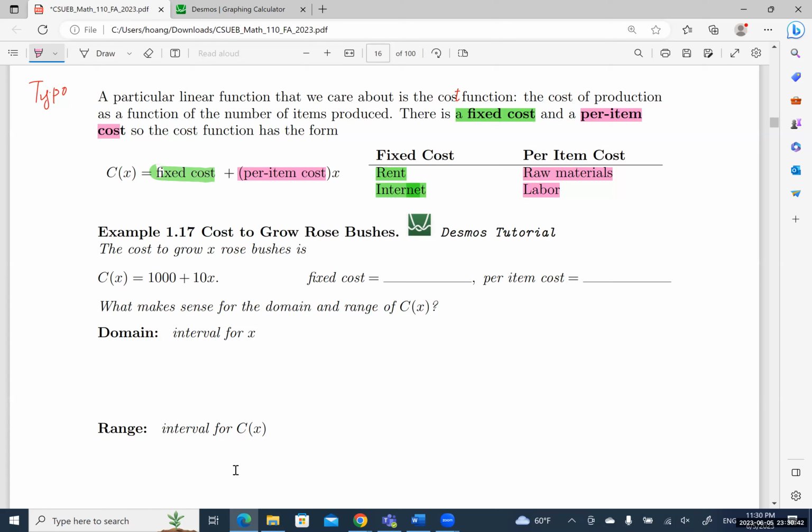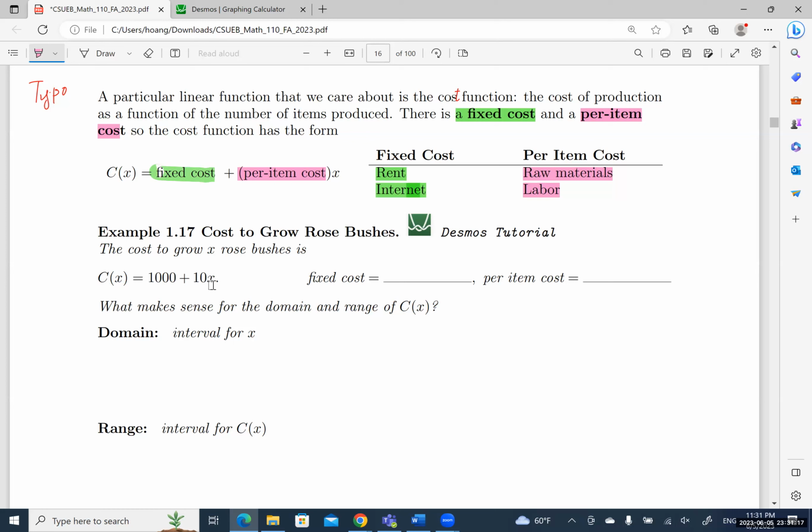Now I would like to show you how to graph the cost to grow the rose bush by using Desmos. So let's start with the cost function C of x equal to 1000 plus 10x here.